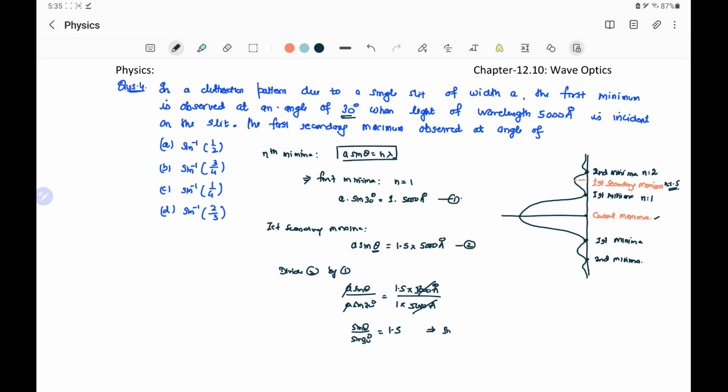This implies that sine theta is equal to 1.5 into sine 30 degree, and sine 30 is half. So it will be 1.5 into 1 by 2, that is 15 by 20, or 3 by 4. So we can write theta equal to sine inverse 3 by 4. Hence option B is the correct option.